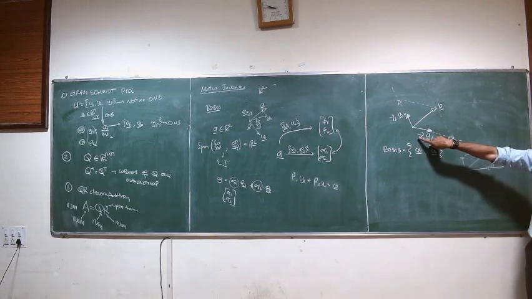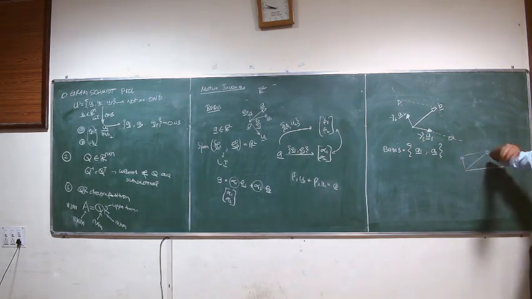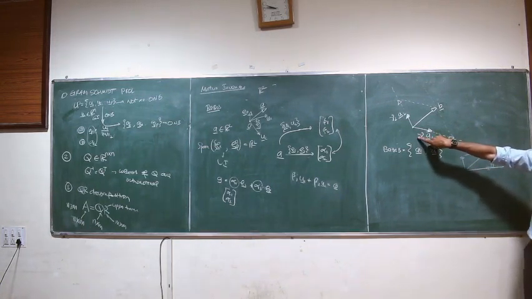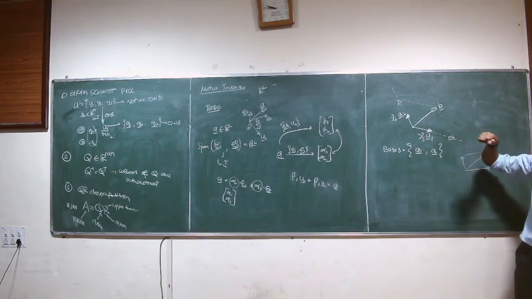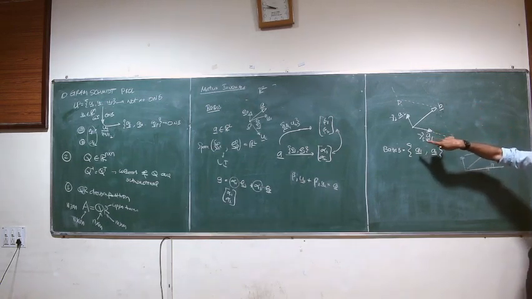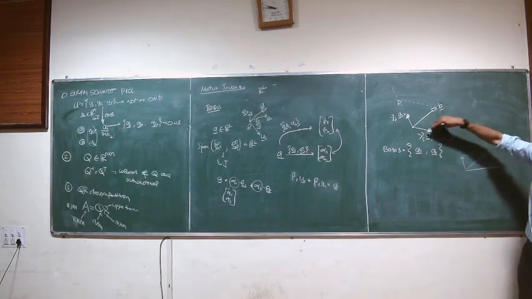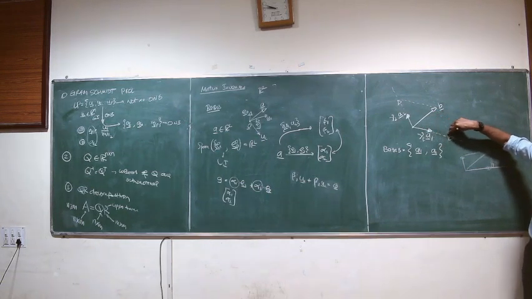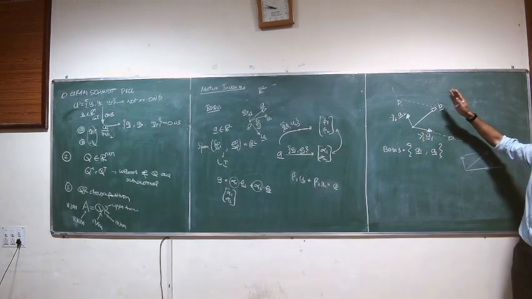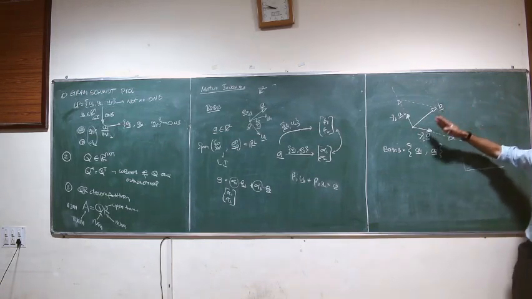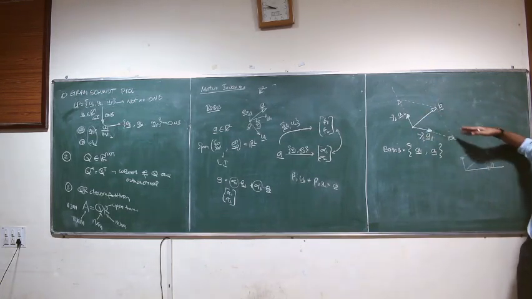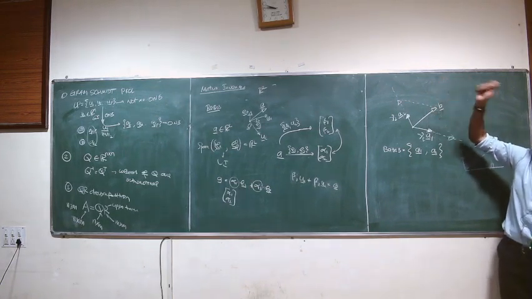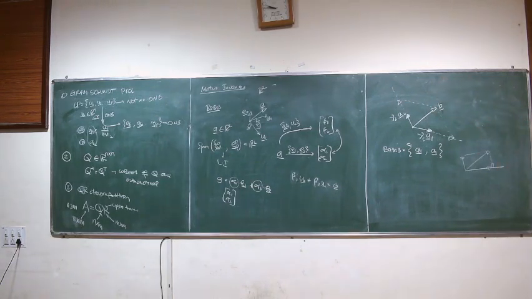When you have a non-orthonormal basis, we find the components along the different basis vectors. For example, alpha 1 A1 is the component of B along A1, but projected along A2. That means the line that you drop has to be parallel to A2, and so on and so forth. Okay, geometrically this is how you find out.